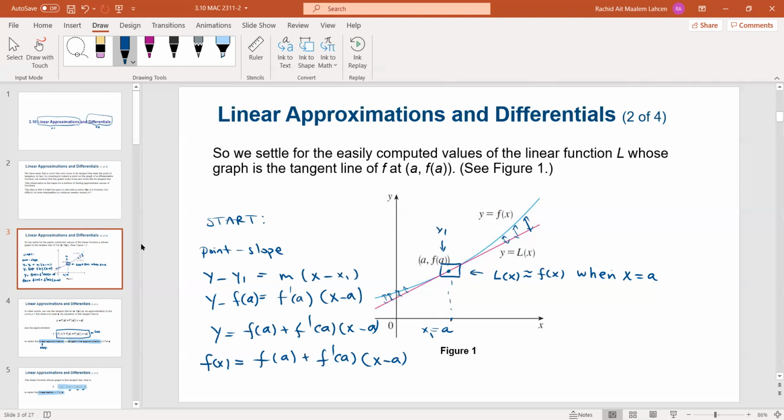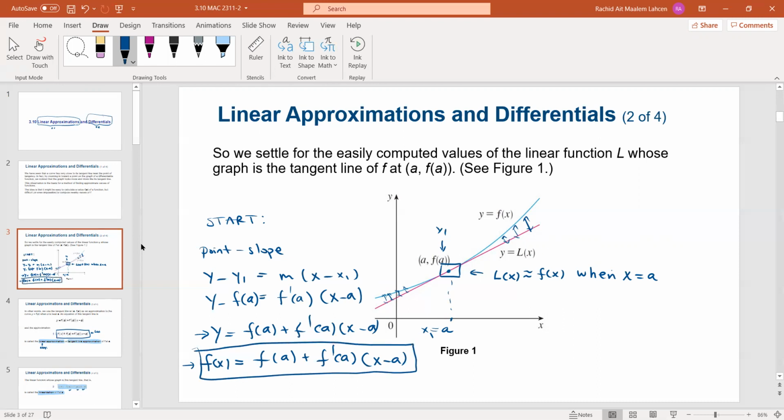Then we went into the derivative, the slope of the tangent line, and we defined the derivative. If you take this equation and solve it for y, and replace y with f of x, you get a kind of linear approximation.